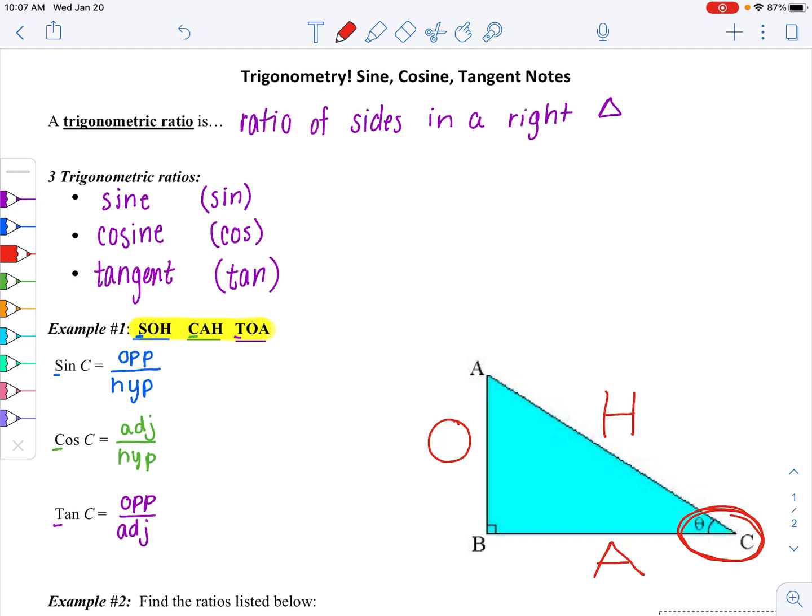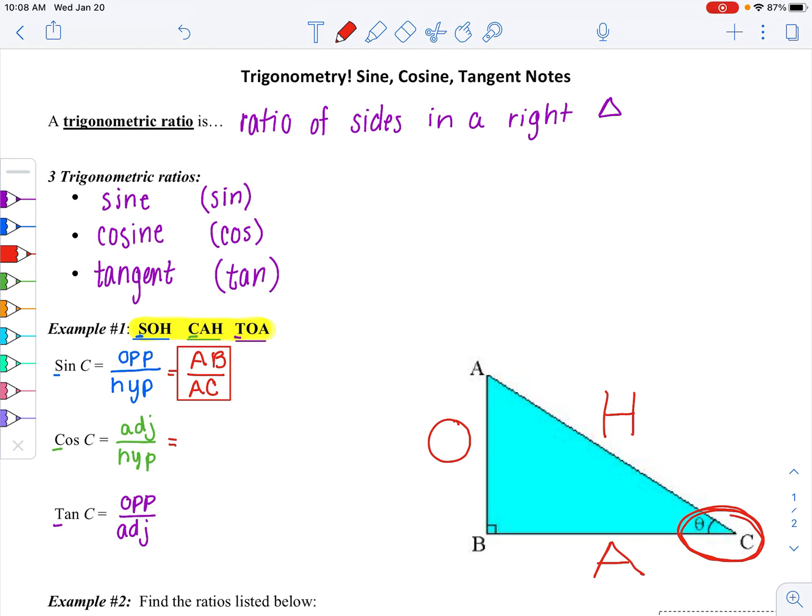So for sine of C, sine is opposite. The opposite side here is AB over the hypotenuse. The hypotenuse is side AC. That would be sine of C, the opposite side over the hypotenuse side. What about cosine? Cosine is adjacent over hypotenuse.